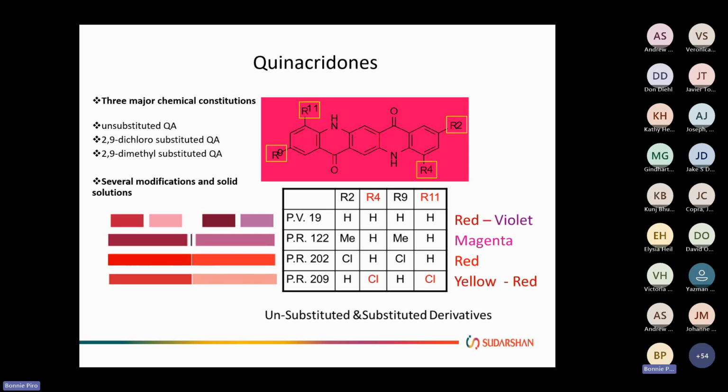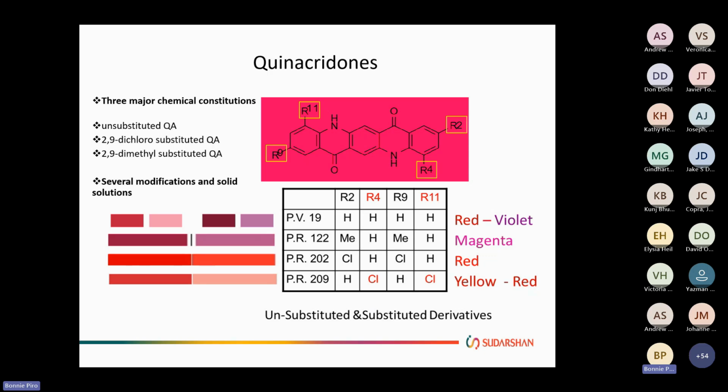Quinacridones. Quinacridones, we've talked about these in webinars in the past. I call them, in the red space, the workhorse pigments, because they offer a lot of value to formulations. There are three key areas that are important to the various applications.